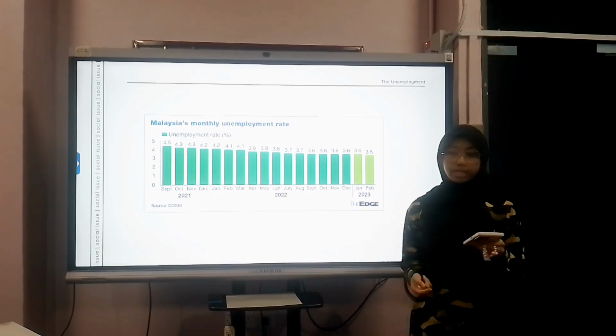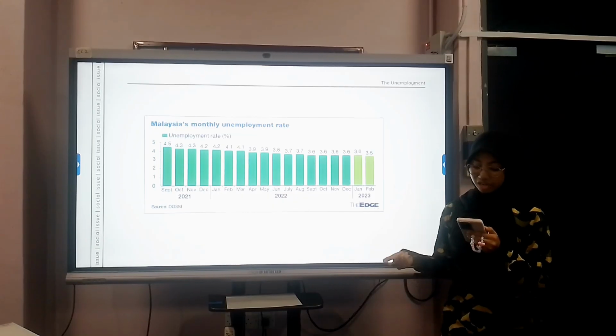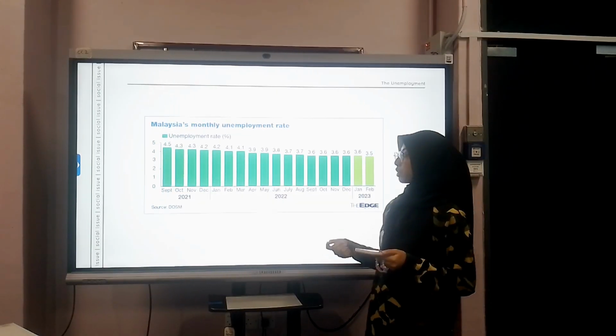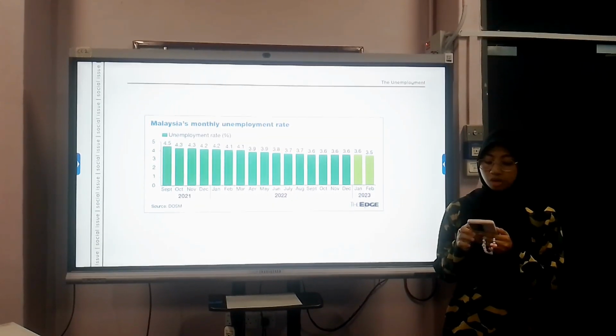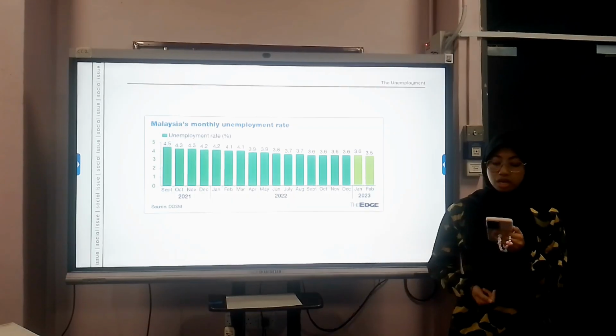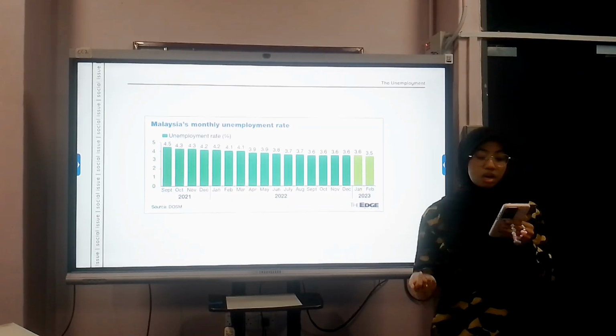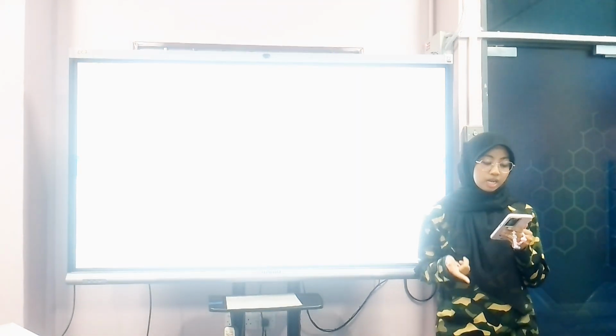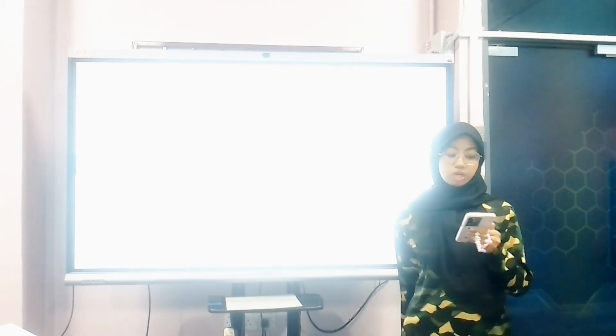This shows that Malaysia's economy recovered quite well after the COVID-19 pandemic. More people found jobs again, especially in industries like manufacturing, retail, and services. It is a positive sign that the job market is getting stronger.